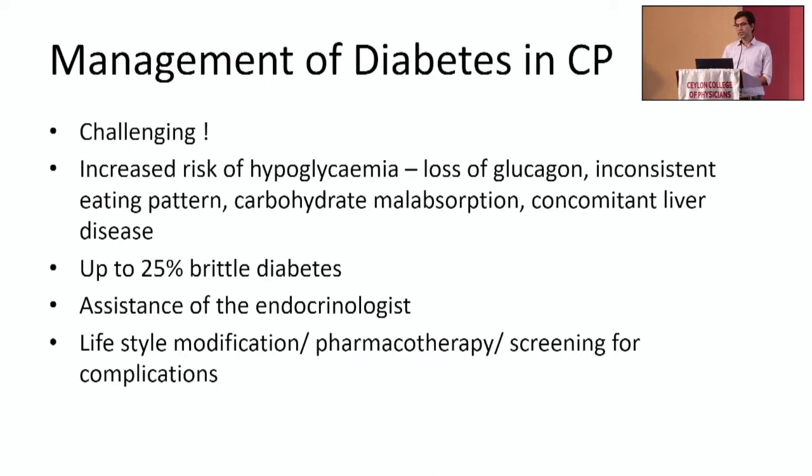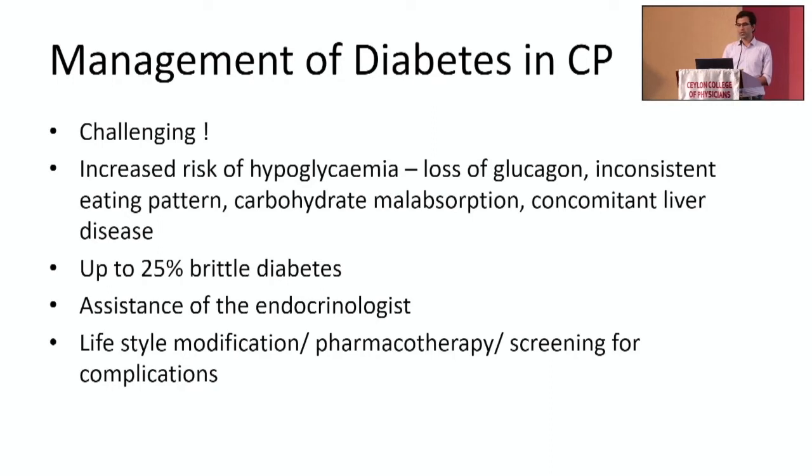As I previously mentioned, they are at increased risk of hypoglycemia due to loss of glucagon, inconsistent eating patterns and carbohydrate malabsorption, and patients with alcohol-induced chronic pancreatitis can have concomitant liver disease as well. So it is important to get the assistance of endocrinologists in their management.